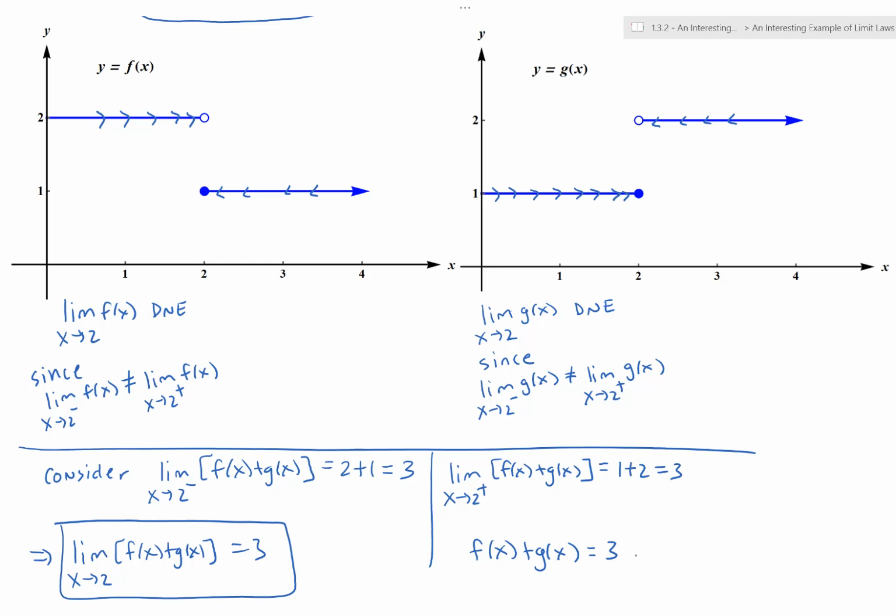And it just all has to do, going back to the requirements of what we need for a limit to exist: the left-hand limit and right-hand limit should match up. And if that's true, the limit exists. So just keep that in mind as you go through your limits. Only apply limit laws when applicable. Okay?